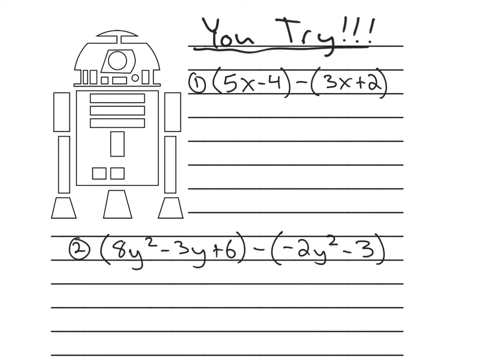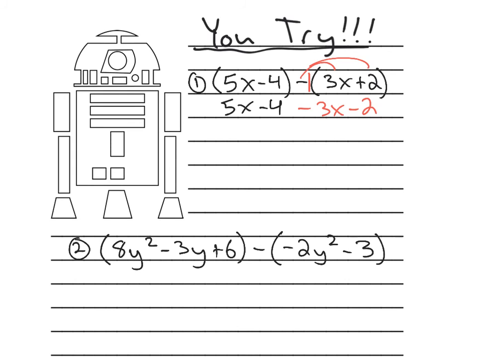All right, number 1 here, we have a binomial minus a binomial. Don't forget to distribute what first? The outside things, right? This negative right here, negative 1. We'll change that to be minus 3x minus 2. The first binomial does not change. And now we play the matching game.